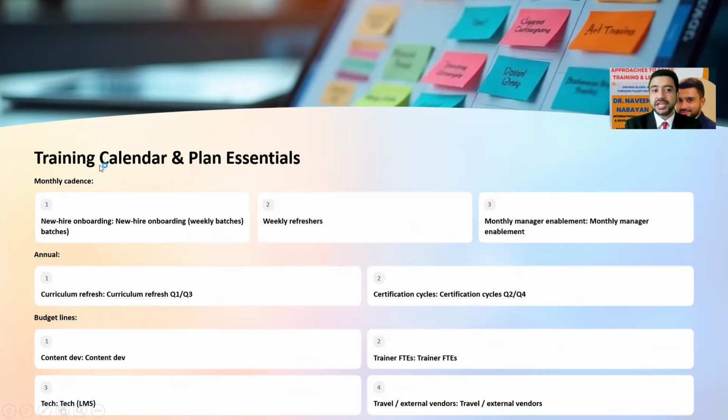The first thing I would like to talk about is that we usually divide it into monthly cadence, weekly cadence or annual cadence, whatever cadence we might be checking. But majorly we go with the monthly cadence only, right? The first one is new hire onboarding. Whenever new hire onboarding happens, we will have weekly batches.